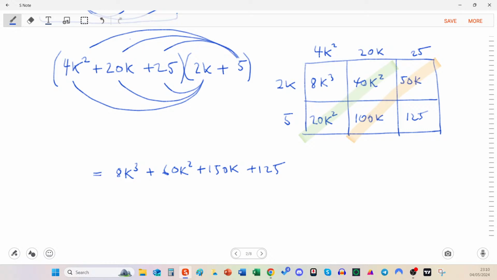And this is a descending power. Okay, so you've got cubed, squared, to the power 1 and to the power 0. We don't need all that, but this is the correct format that you can realize there's no simplifying needed, because you've got 1, 2, 3, 4 different groups, different types of algebra, and they cannot be simplified. There's no like terms here. Okay.